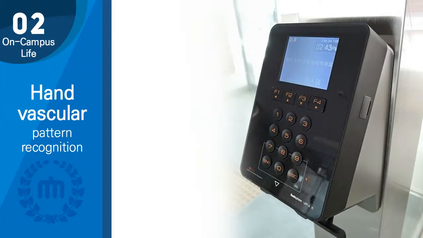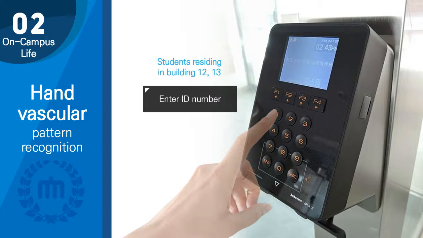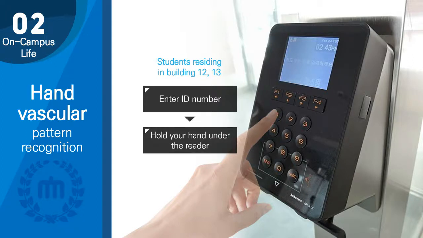Students living in buildings 12 and 13 should use the hand vascular pattern recognition system for building access. When you get in the dormitory building, firstly, enter your identification number to the reader and simply hold your hand under the sensor of the reader. Please do not forget this process whenever you get into your building and go out.